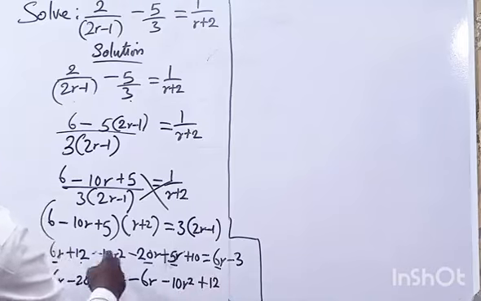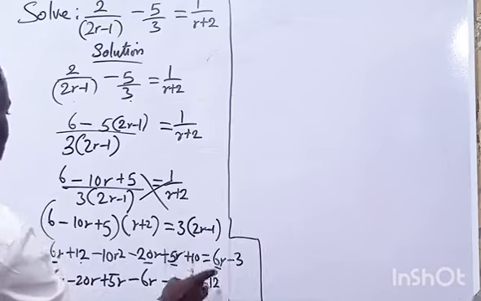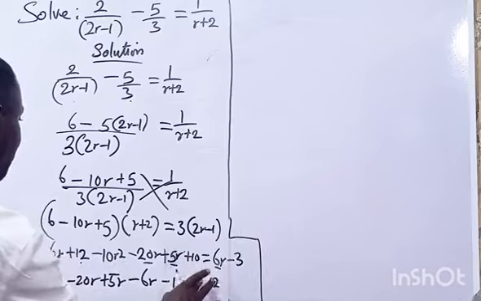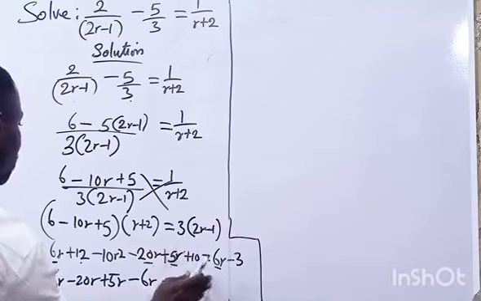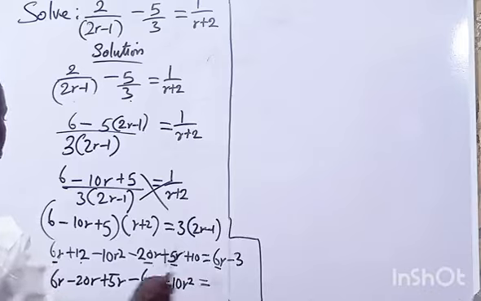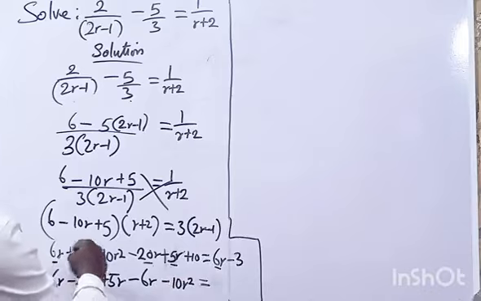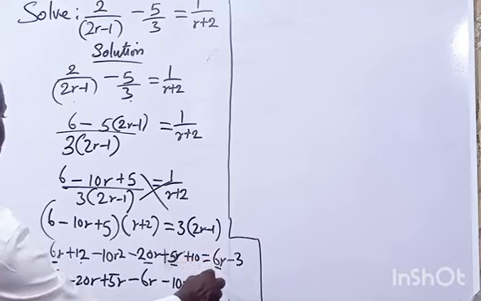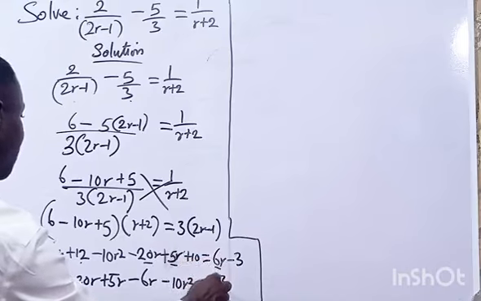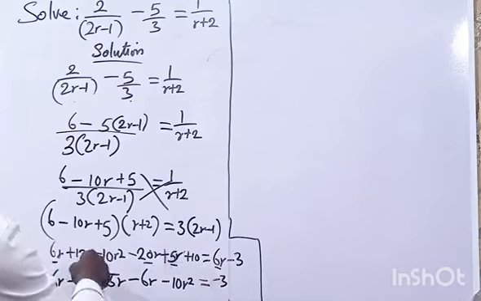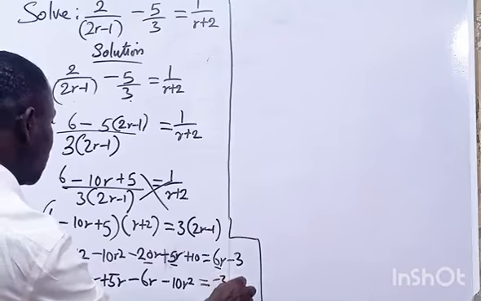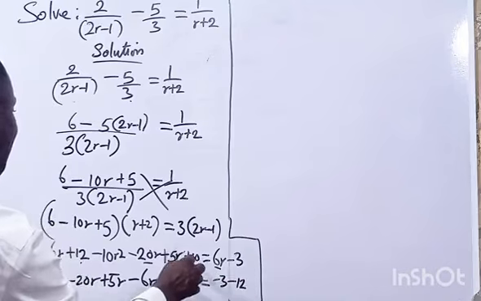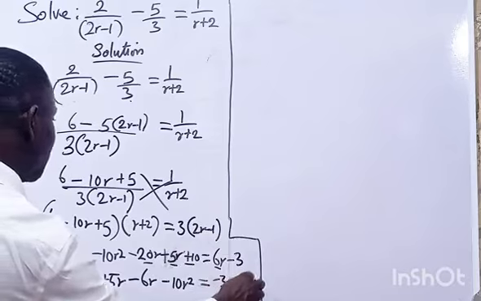Or we can actually take this to the other side of the equation. So let's take the constants to the other side of the equation for clarity. If we do that, here will be equal to, at the other side we have minus 3 already waiting here. Minus 3 is here. Now plus 12 will cross to turn to minus 12, and plus 10 will also cross to turn to minus 10.